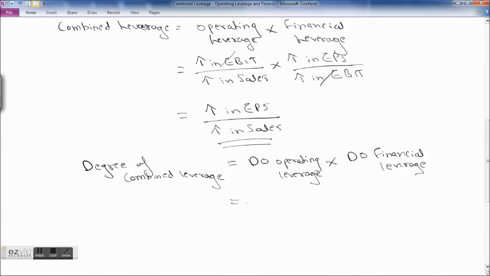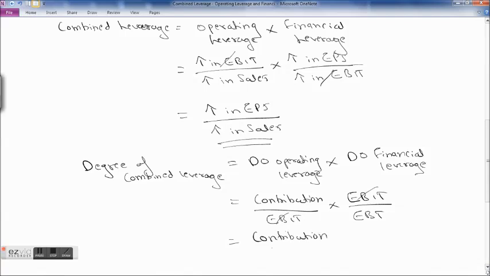If you have it directly, you can just multiply it and you will get degree of combined leverage. If you don't have it, then degree of operating leverage is contribution upon EBIT, whereas degree of financial leverage is EBIT upon your EBT. This gets cancelled, so degree of your combined leverage is contribution upon EBT.